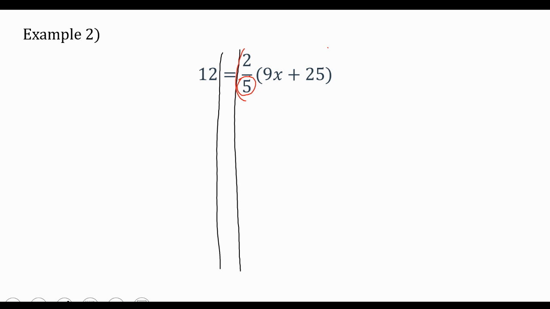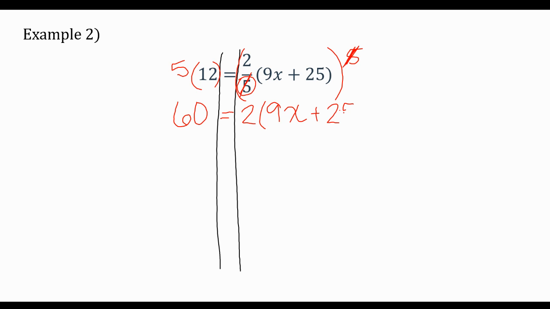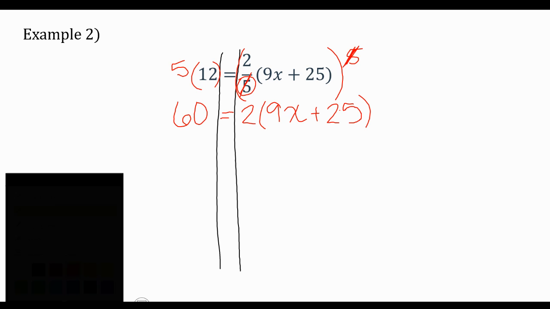So we're going to multiply this by 5 and this by 5. Now, these 5's cancel out. 5 times 12 is 60. So we're going to get 60 equals 2 times 9x plus 25. Remember, we did not multiply that 5 into the parentheses.